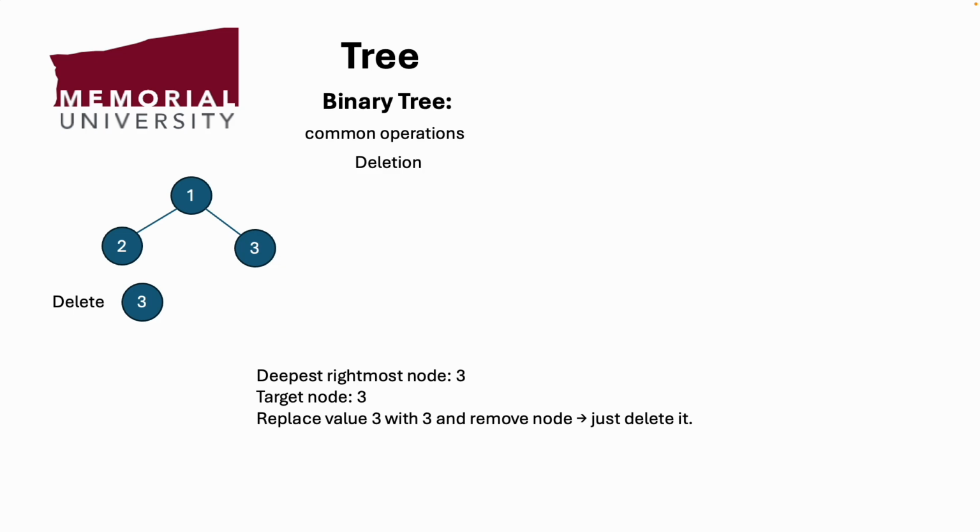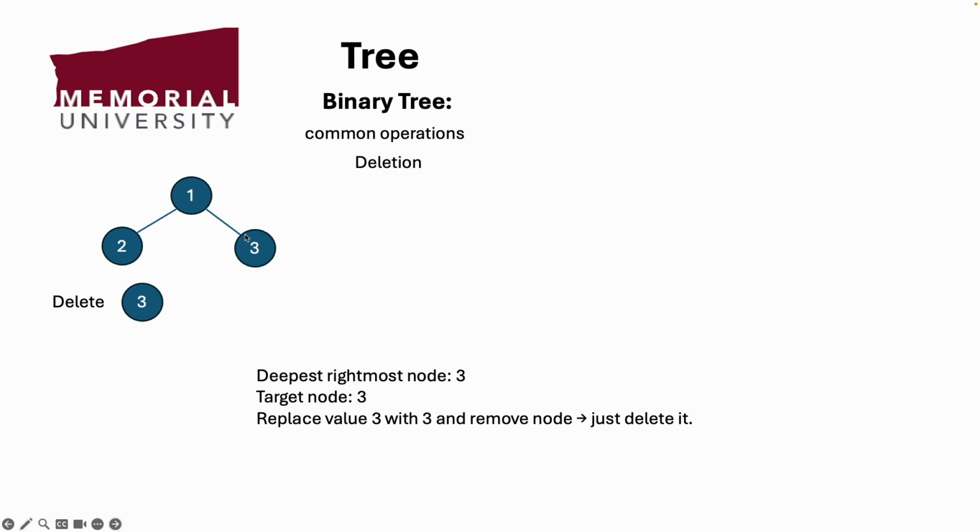Let's see how we can delete the node 3. So the deepest rightmost node of this tree is what? It's node 3. Actually, this is the node we want to delete. So the target node is 3, also 3.